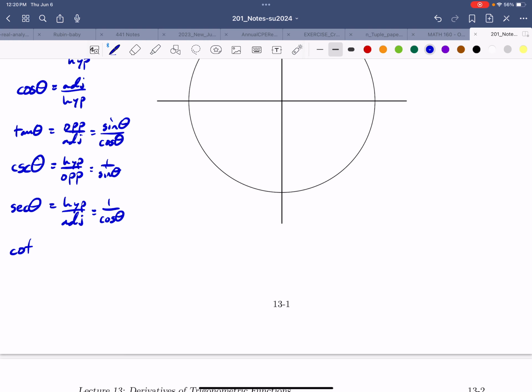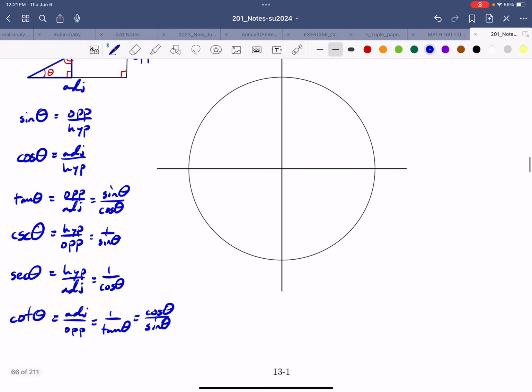And cotangent is adjacent over opposite, and that's the same as 1 over tangent, or cosine over sine.